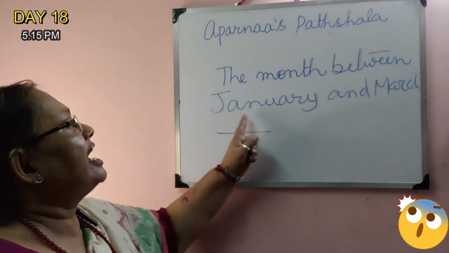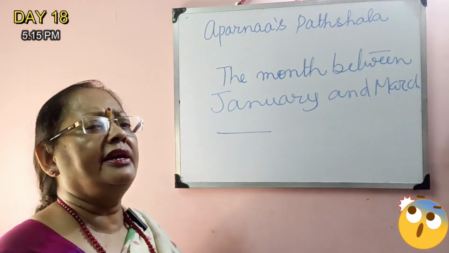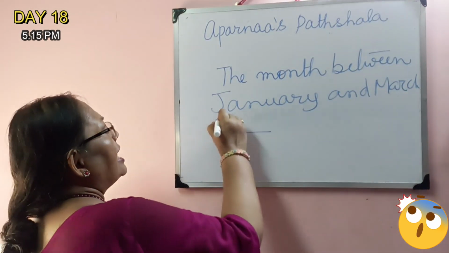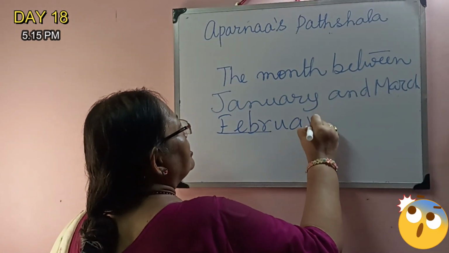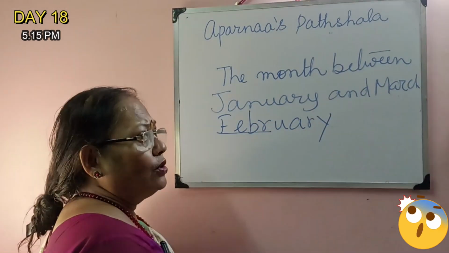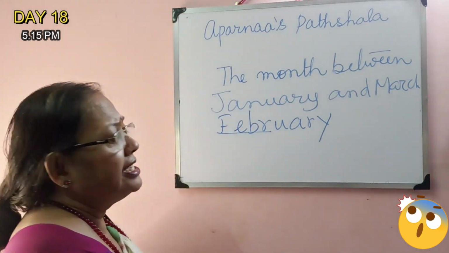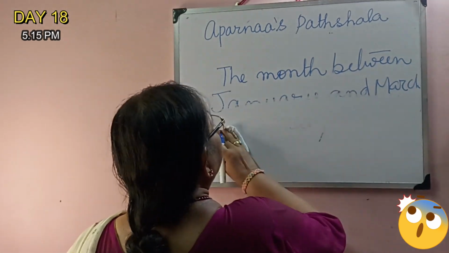What is that? January and March. So let us start counting from the beginning. January, then comes February. So the answer will be February. So no need to worry about it. In the same case, exercises can be done like this.